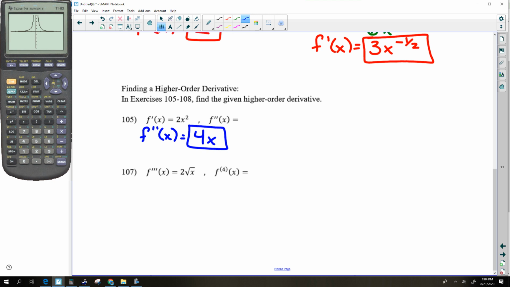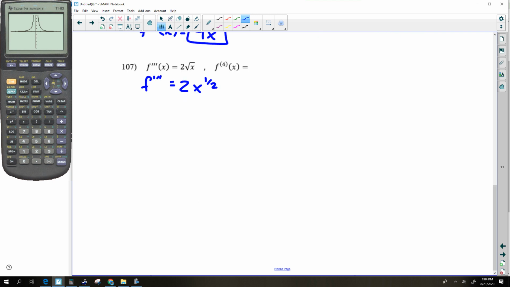Again, they gave me a third derivative, which is 2x to the 1/2. Thus, for the fourth derivative, I think usually they write in Roman numerals, but here they just said fourth.